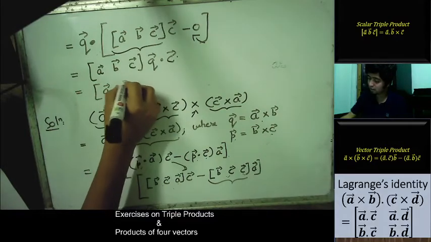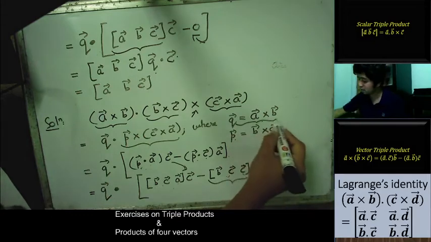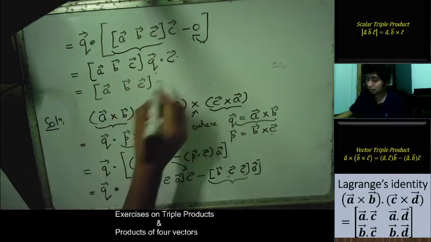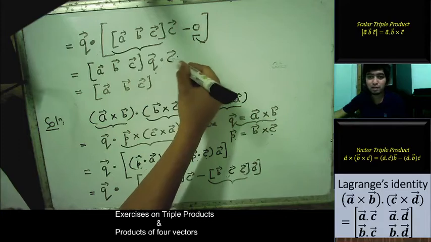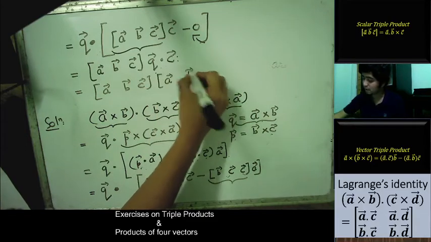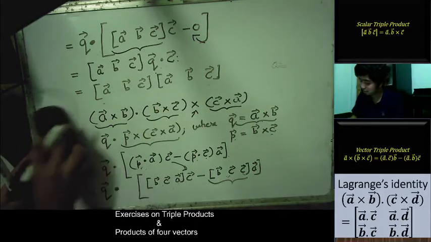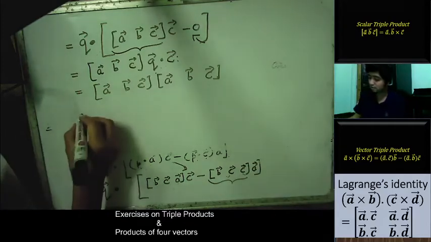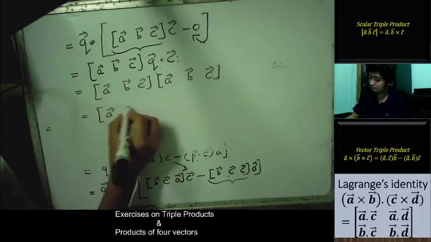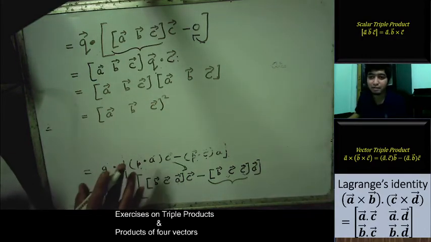So if we replace q with a cross b, over here you will be getting a cross b dot c, which is again the box product a, b, c. So a, b, c times a, b, c will give you a, b, c whole square. So this is what we will be having.